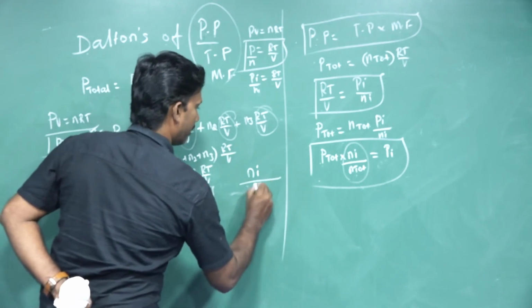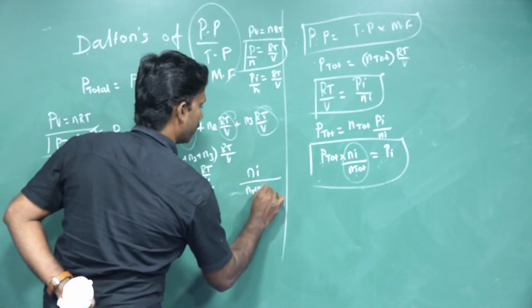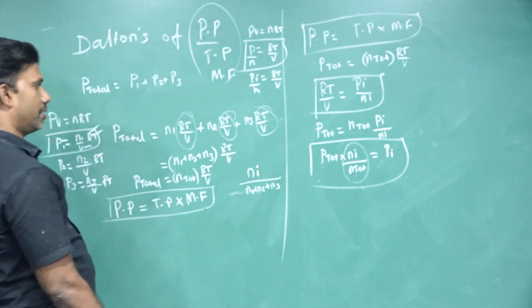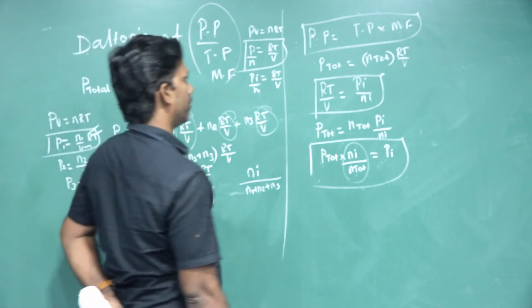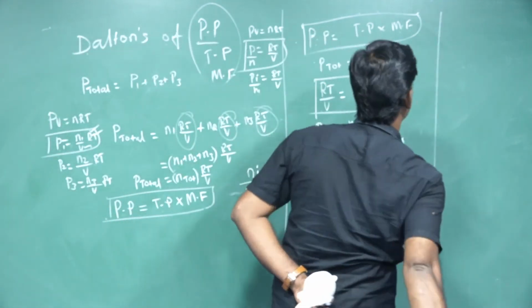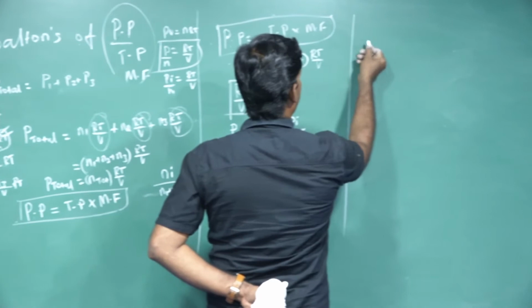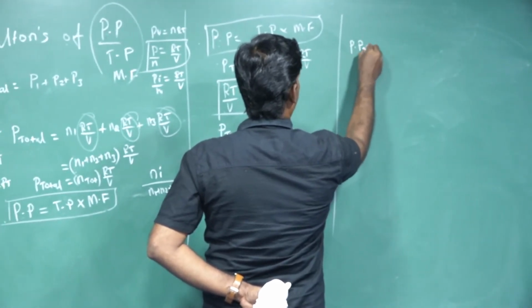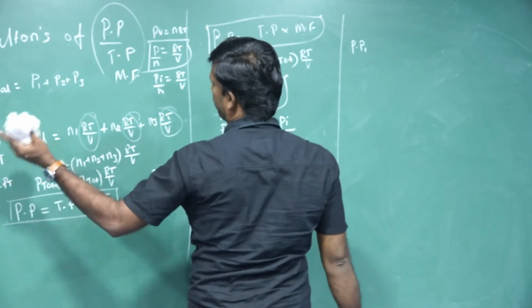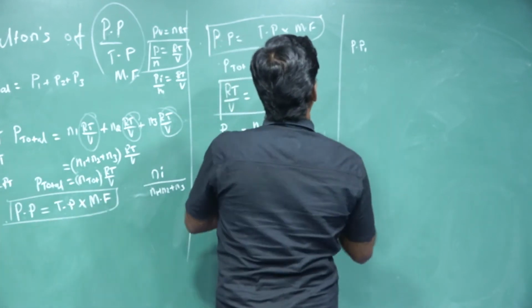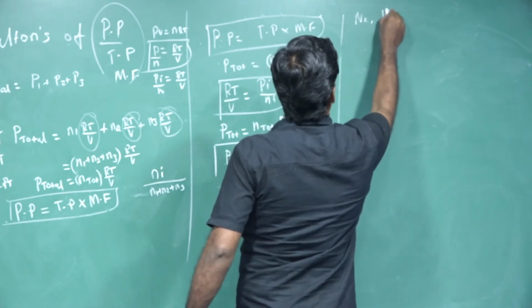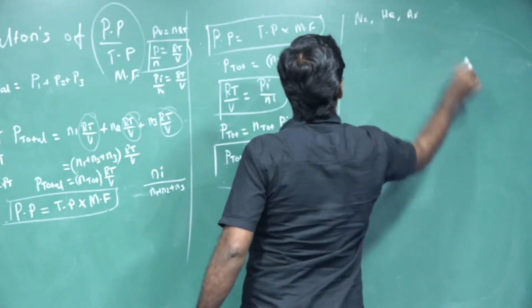For example, N total equals N1 plus N2 plus N3. So by using this, if we want the partial pressure of gas number 1, for example, we take a mixture containing nitrogen, helium and argon. Like these three gases are there now.